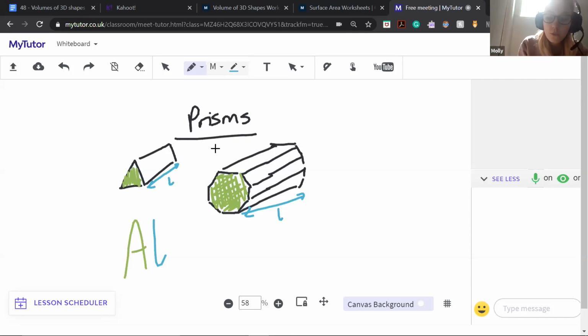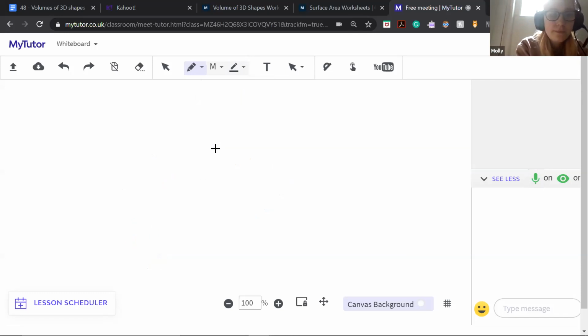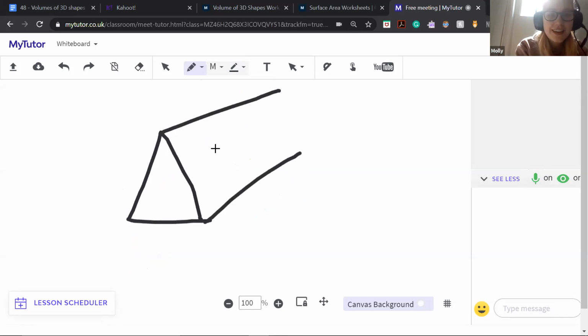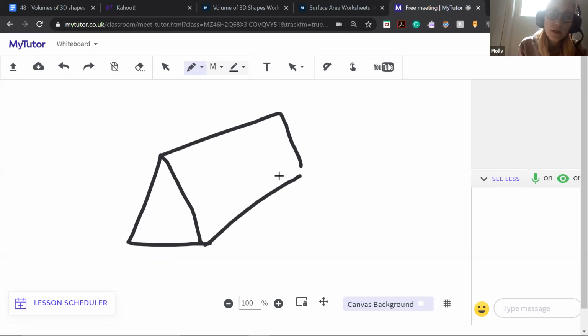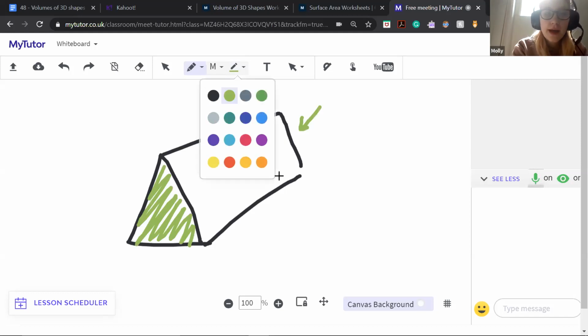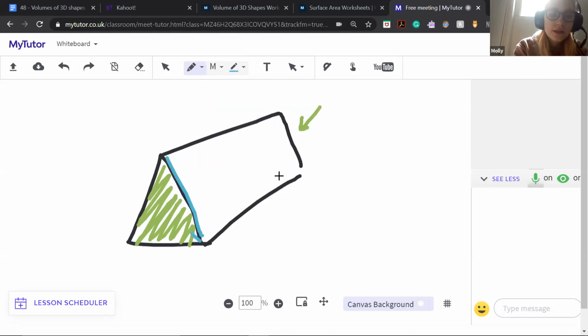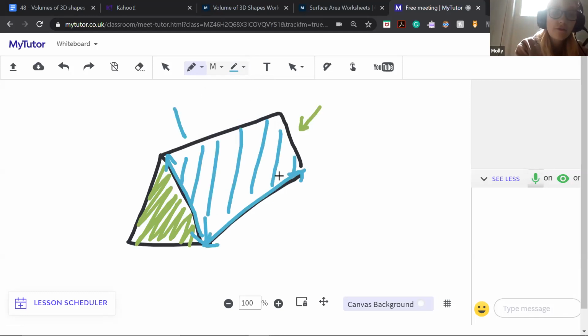For example, with a triangular prism, so there's our triangle, make it into a prism. We can think about the area of this triangle and remember that there's an equivalent one at the back. We can use this length and this length to find the area of this rectangle, and remember there's another identical one on the other side.